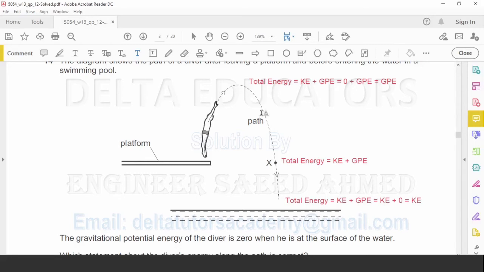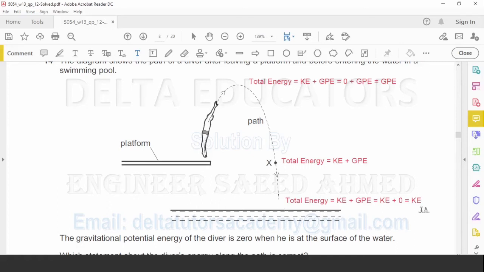When he moves downward along this path, his gravitational potential energy is converted to kinetic energy in such a manner that the total sum of kinetic and potential energy remains the same. Now when he touches the surface of the water, all of his gravitational potential energy is converted to kinetic energy.